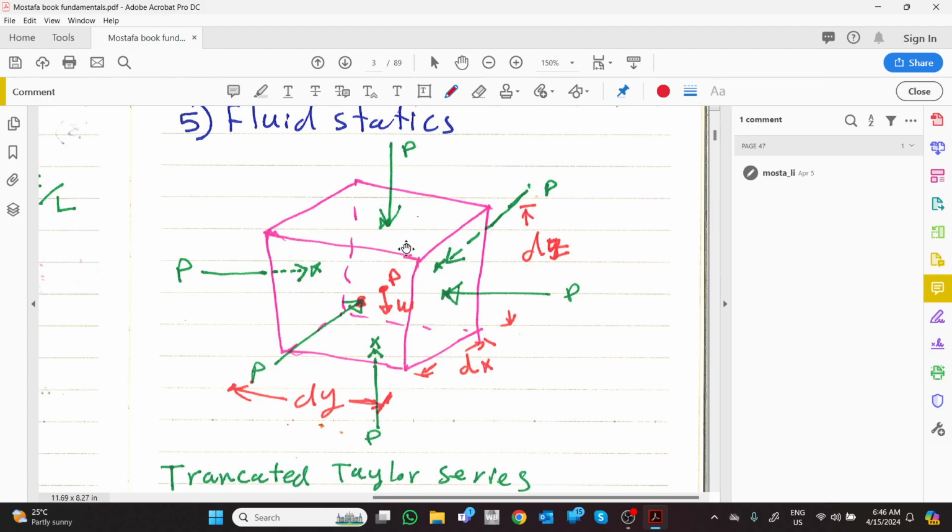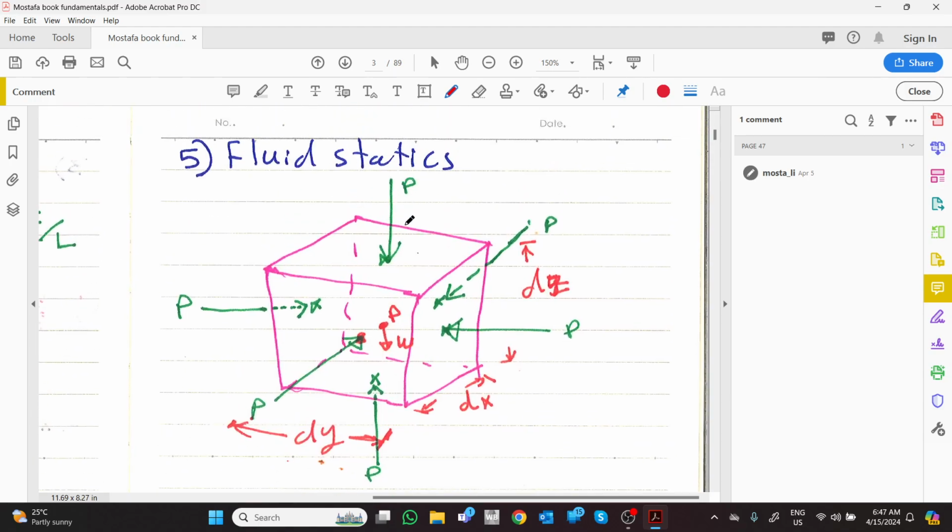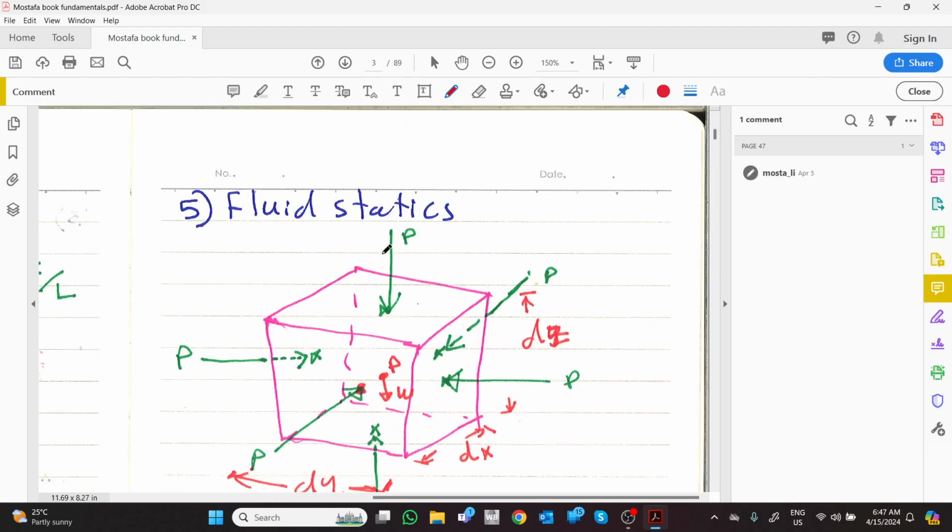So what we need to do: first, the pressure is not a vector. The pressure is a number, so we cannot deal with it as a vector. With the area it becomes a vector, because it represents the force with the area.